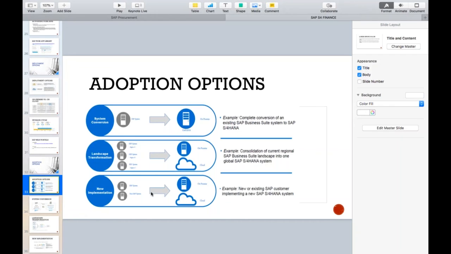But if their current landscape is too complicated and it will take a lot of time to discontinue and move to one, only in that case will they temporarily go for the central finance option, where they continue to use their current systems and replicate the data here in real time to generate their reports. But one fine day, when all the systems are already upgraded to this, they will discontinue using the old systems.